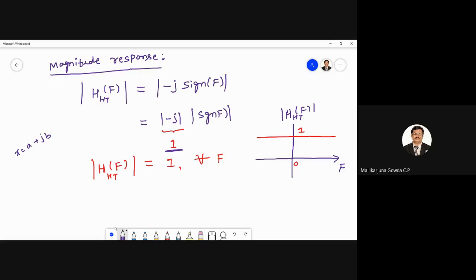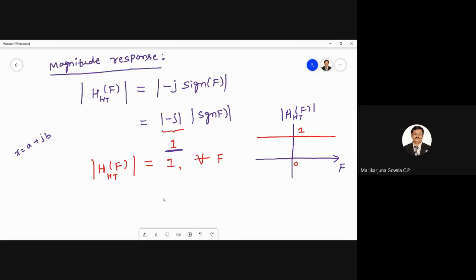In the same way, we can find out the phase response. What I wanted to say here is, when I pass the signal through a Hilbert transform, mathematically and graphically I found it is 1 only, meaning its magnitude is not affected.